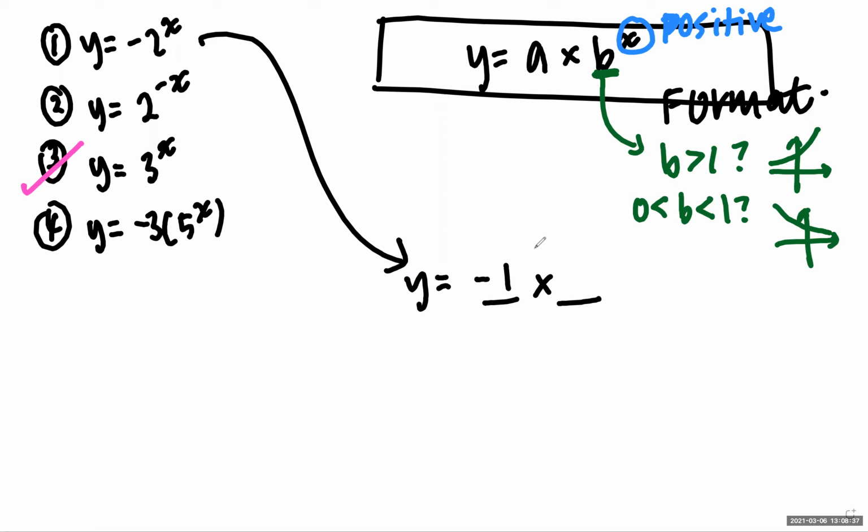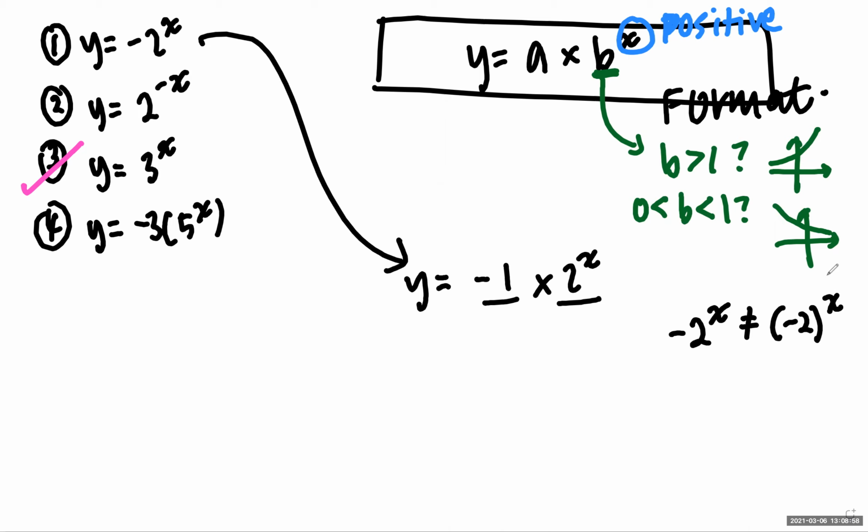Yes, -1 times 2 to the power x. Now guys, take note: y equal to negative 2 to the power x is not the same as y equal to (-2) to the power x. They are not the same, okay? Please be very careful with your algebra.